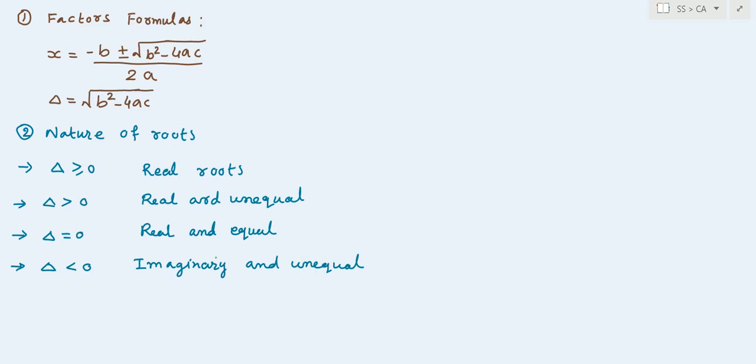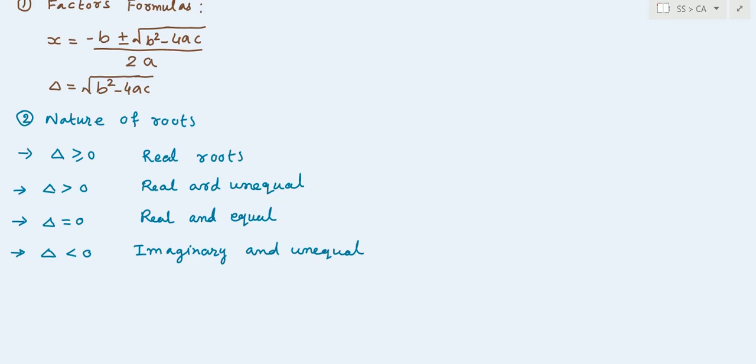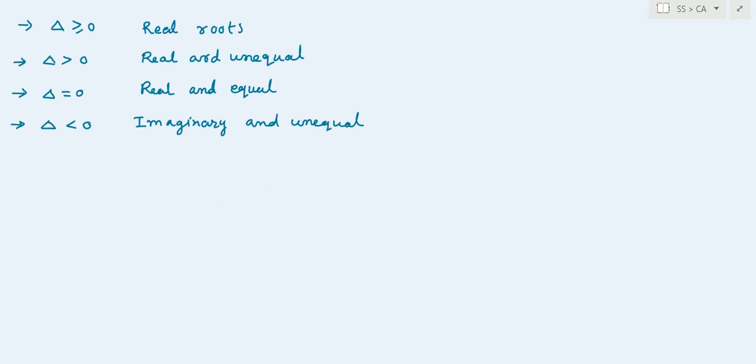Okay, so you have to remember: if delta is greater than or equal to 0, the roots are real. If delta is only greater than 0, roots are real and unequal. Delta equal to 0, roots are real and equal. Delta less than 0, roots are imaginary and unequal, because a negative sign under the root is not applicable.